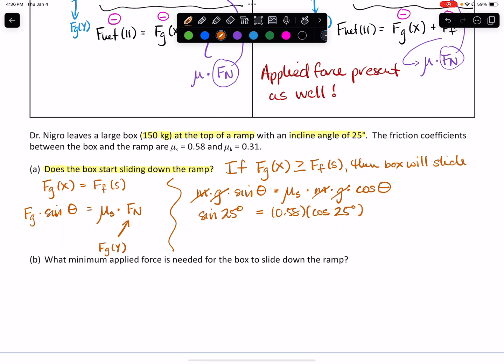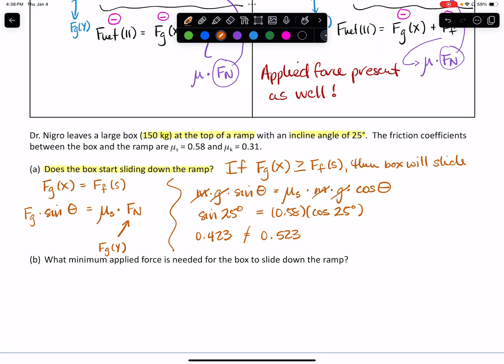When I plug these into my calculator, I find the sine of 25 degrees is 0.423, and the cosine of 25 degrees times 0.58 is 0.523. So they're not equal.